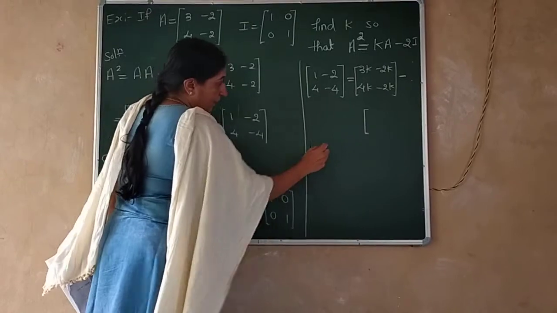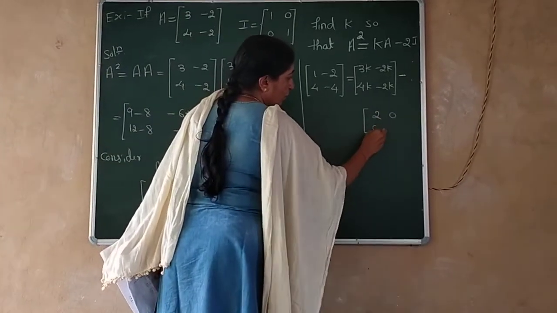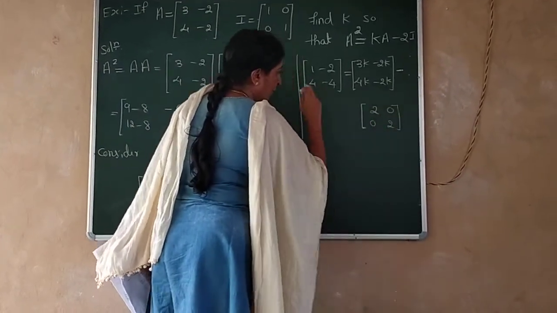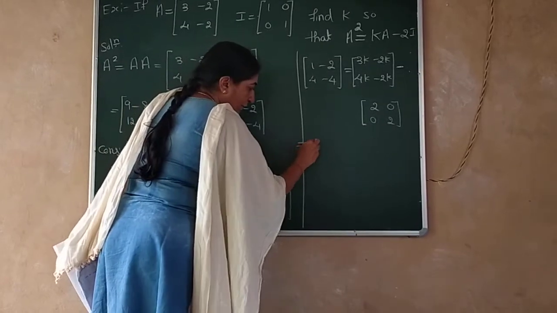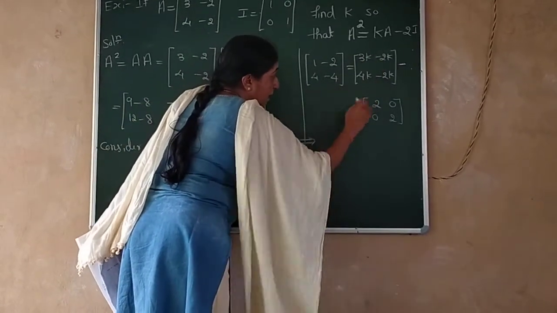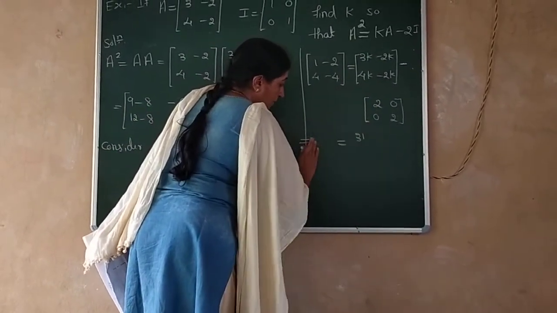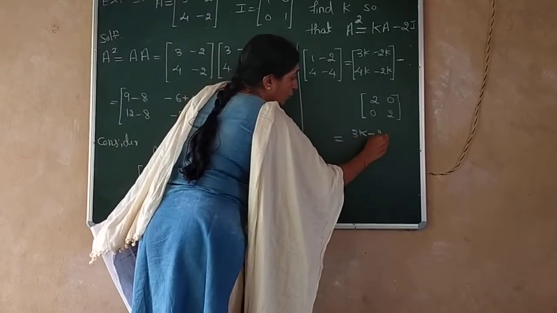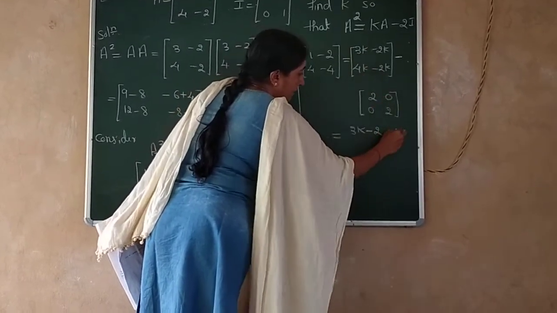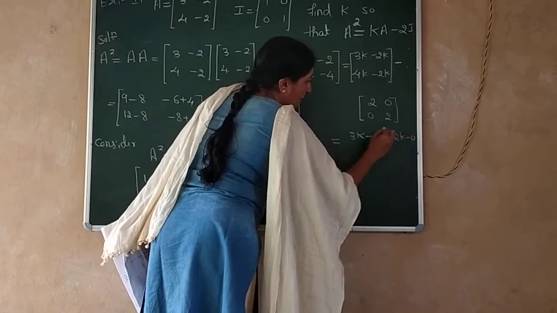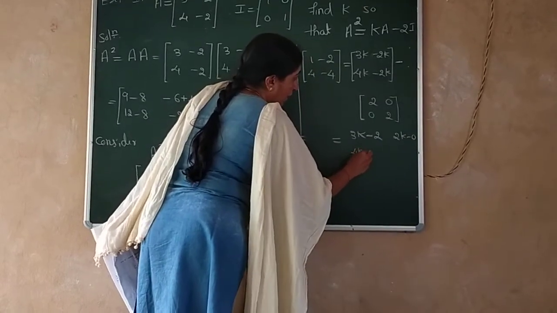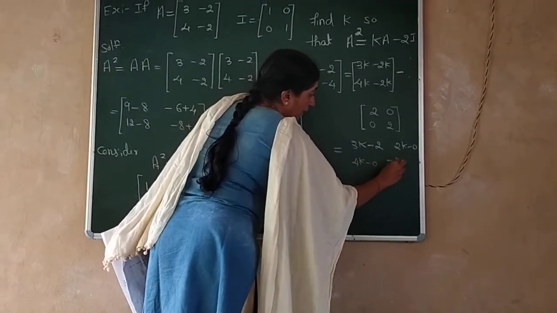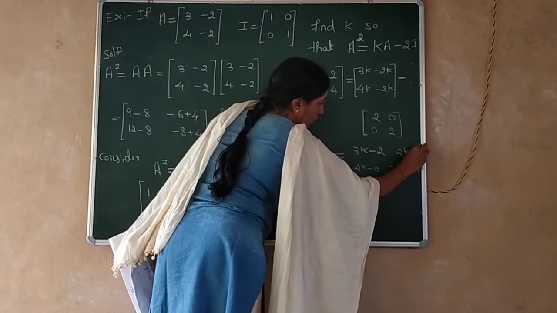Take 2 inside and it is 2 0 0 2. So here I kept the left side as it is. Right side: 3K minus 2, first element minus first element. Next one is 2K minus 0. Next 4K minus 0, then 2K minus 2.